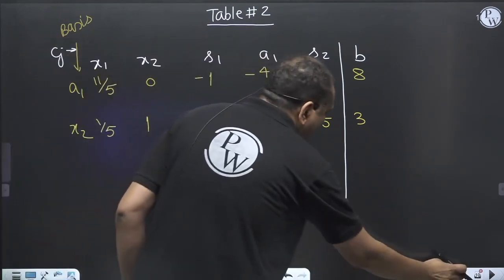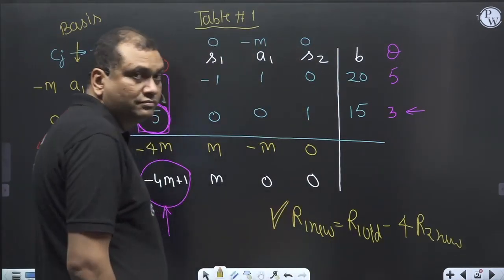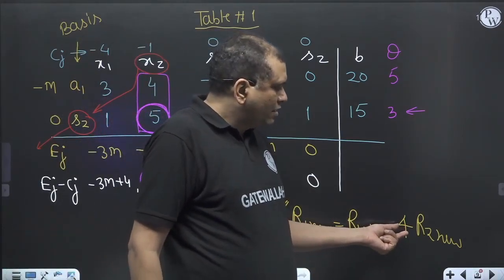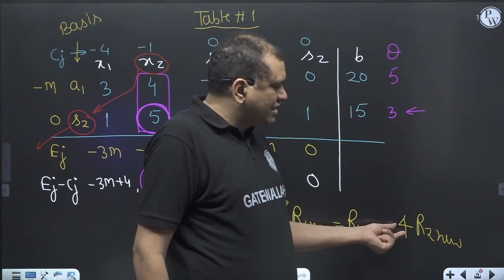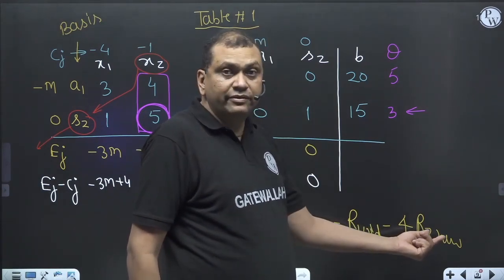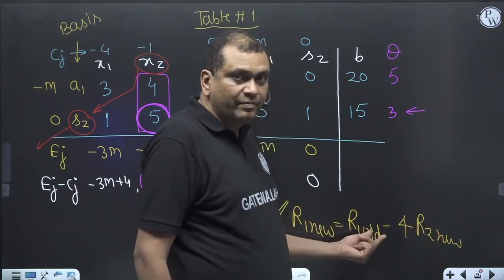So the entire row operation I have done like this. Okay, once again I am repeating. Whatever multiple or division I am doing, I do it with the new row. I do not multiply anything in the old row.